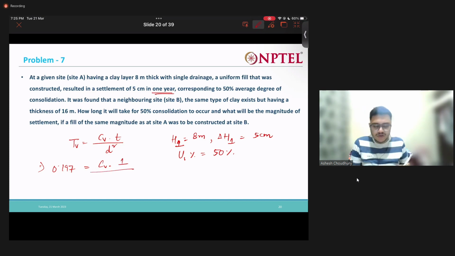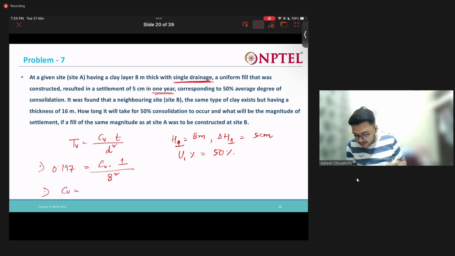And what will be d here? It's given single drainage, so it will be 8 meter, not 4 meter. So Cv is 0.197 into 8 squared, which is 12.608 meter square per year. This is site A.